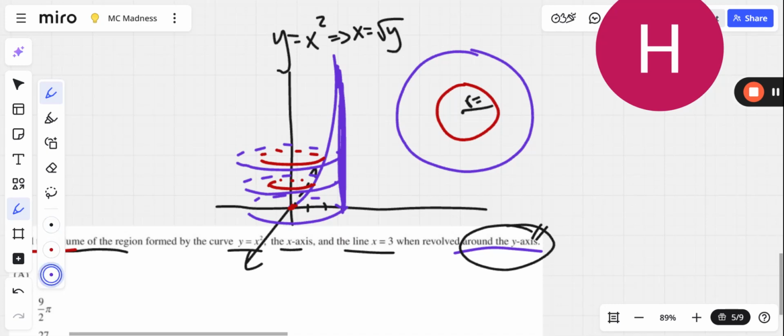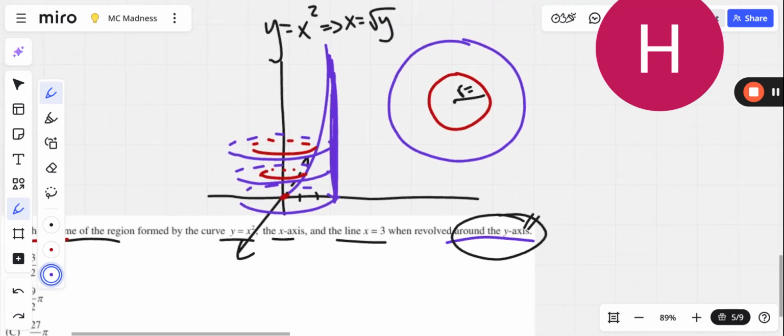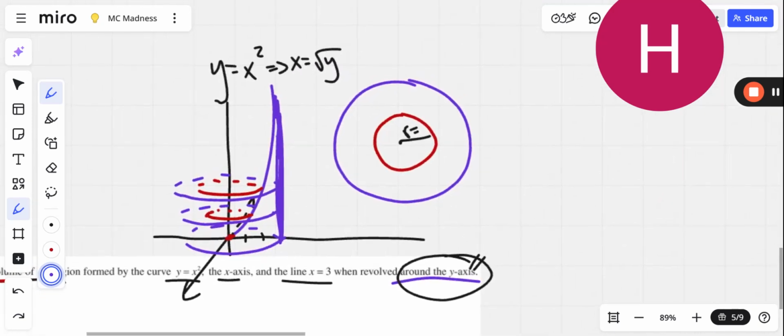And this particular graph is the positive square root. The negative square root would be going back here to the left, to the negative side of x. And so we're going to put square root of y. Square root of y. And then we have the longer radius, which represents the distance from the axis to the furthest boundary. And that's just a constant of 3.